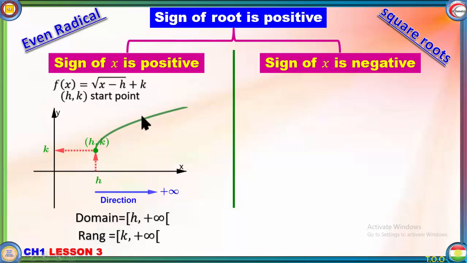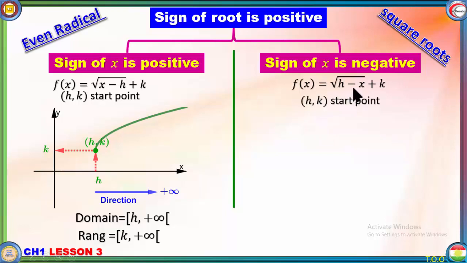Because when the sign of the square root and x is positive, the function starts from the start point to the right and up, like this. But when the sign of x is negative under the square root, then the function is square root of h minus x plus k. The start point is (h, k).